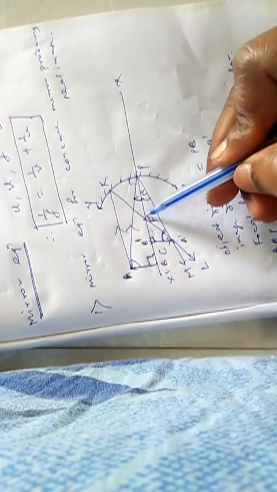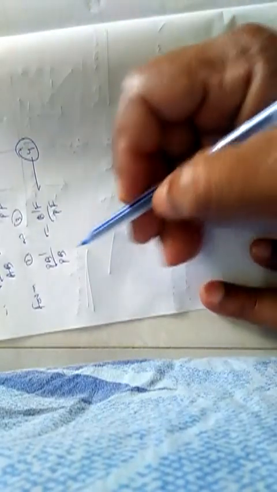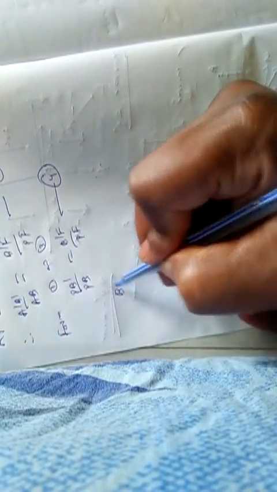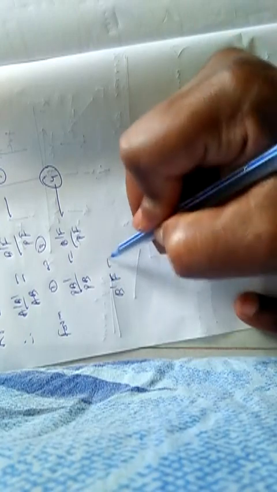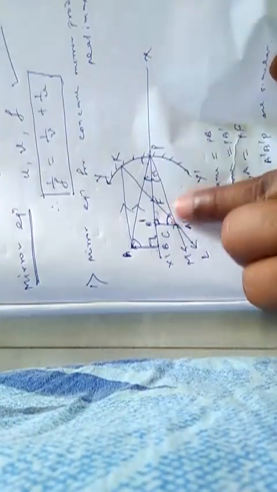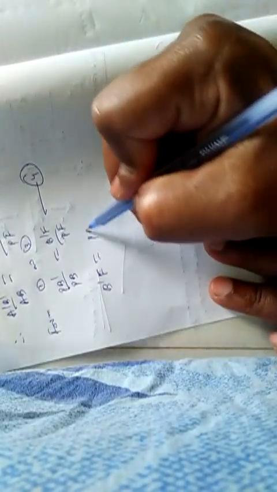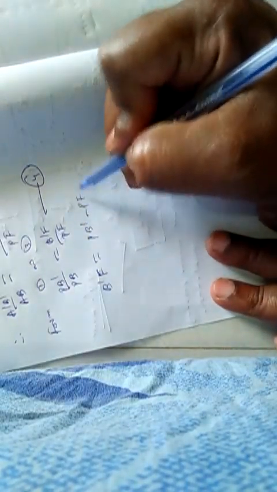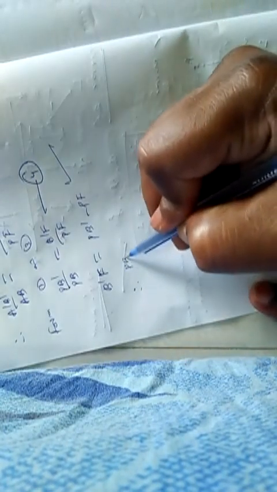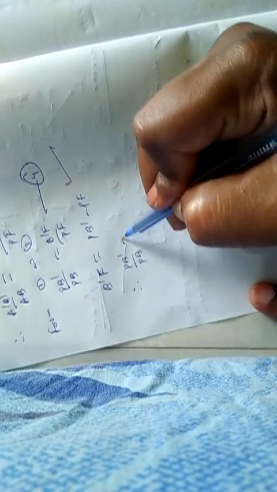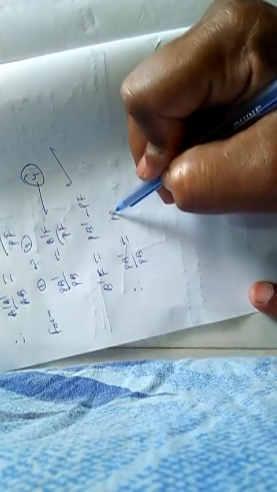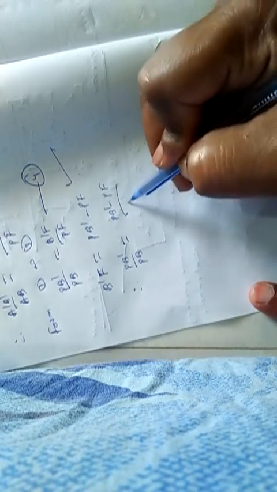In the figure, B dash F is equal to PB dash minus PF. So if you put this in equation number 4, we get PB dash by PB is equal to PB dash minus PF by PF.